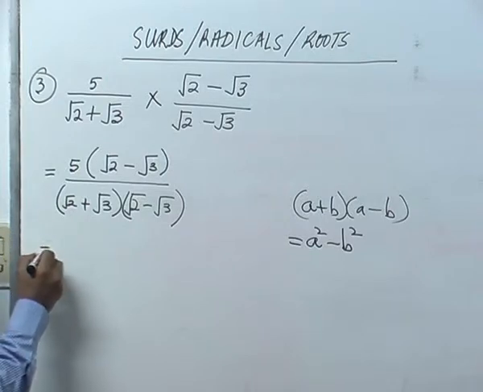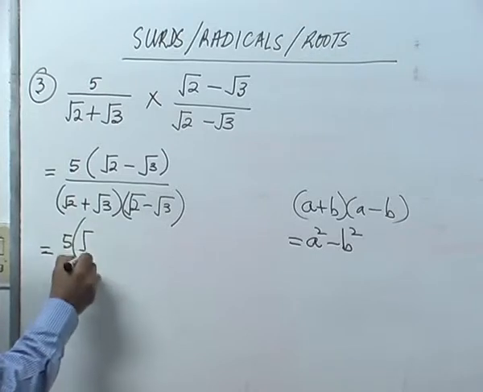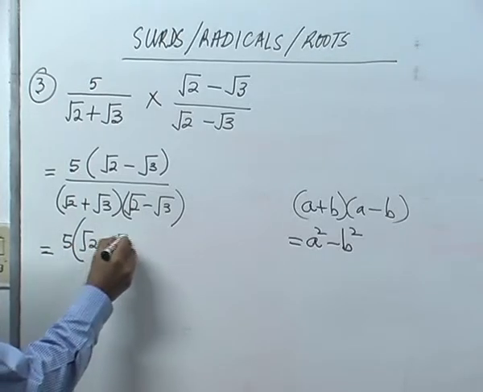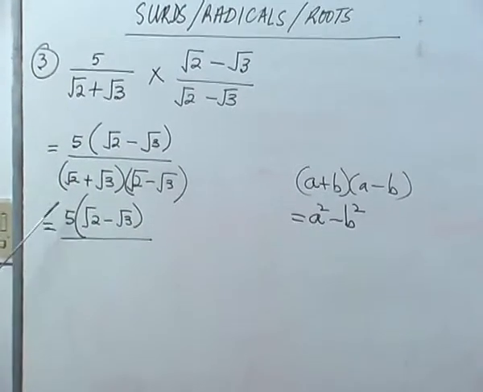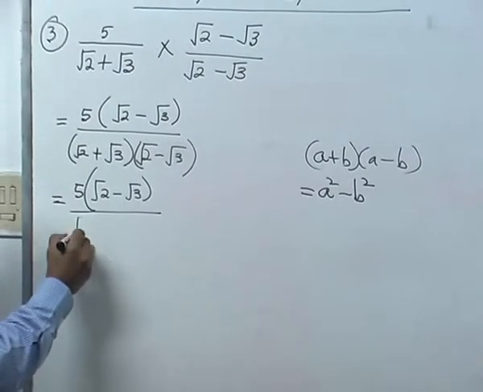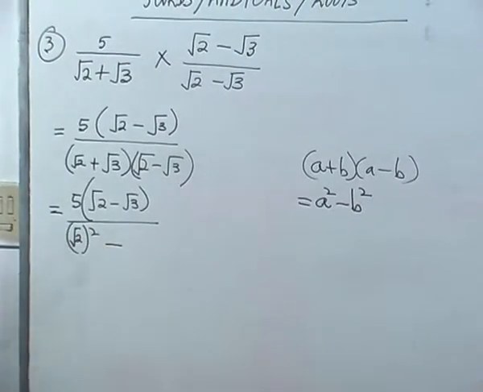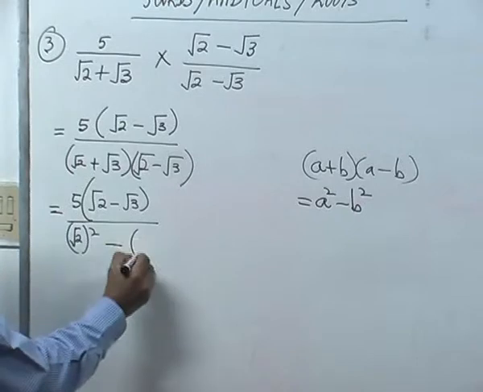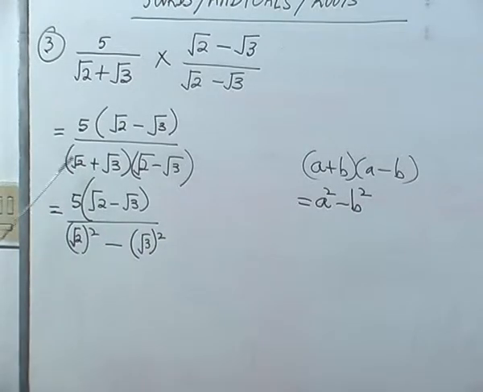So, therefore, the numerator will be 5 into square root of 2 minus square root of 3 all over a squared, this is a, so it will be square root of 2 all squared minus, this is b, square root of 3 all squared. Because this is a plus b into a minus b, so it will be a squared minus b squared.